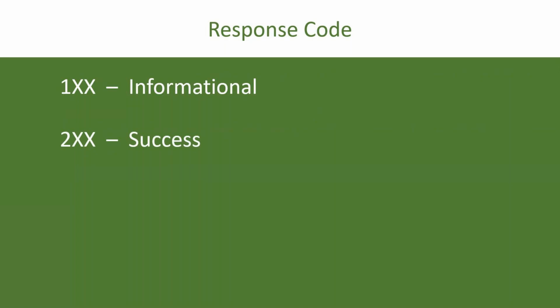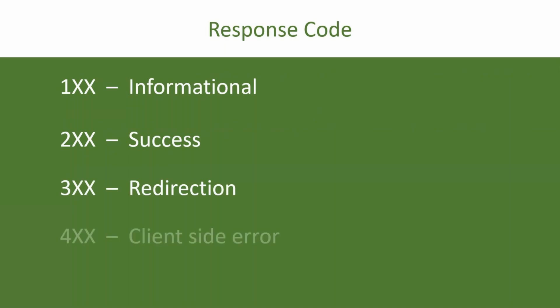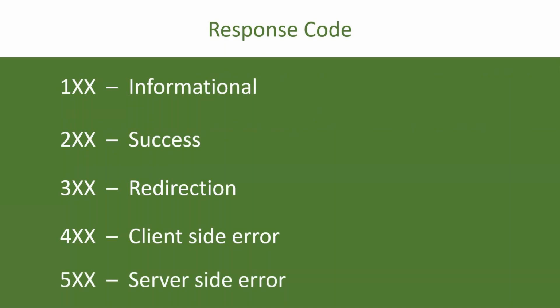Okay, let's look at what these different types are. So the 100 series means it's informational. 200 is associated with success. 300 is all about redirection. 400 series is a client side error. 500 series is a server side error. Okay, these are the different response codes or status codes that are there.